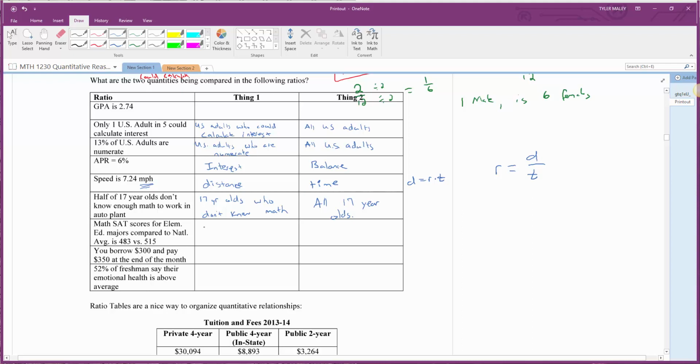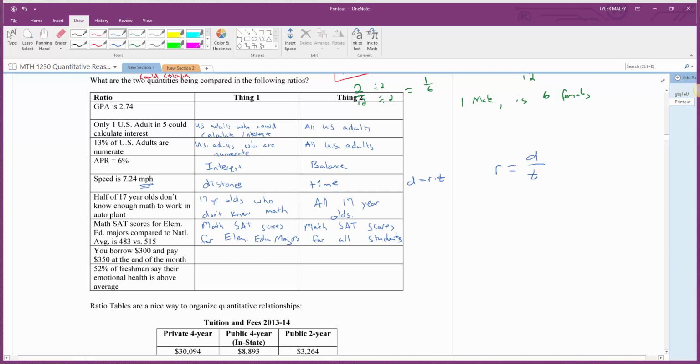So what we'd be comparing are math SAT scores for elementary ed majors and comparing that to math SAT scores for all students, right? So we have the national average.